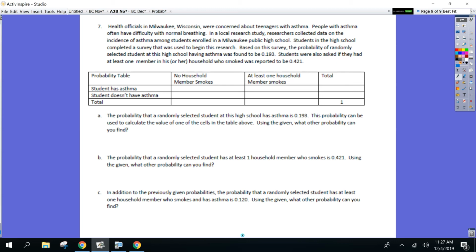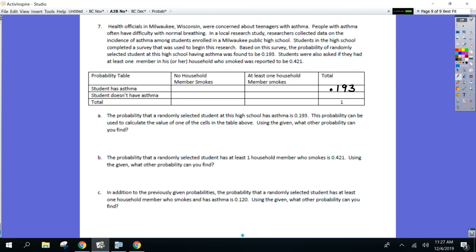Where should that 0.193 go? Total student has asthma, 0.193. Now that's not how many students, that's just the probability. That's what we're filling in here, the probability, not how many.